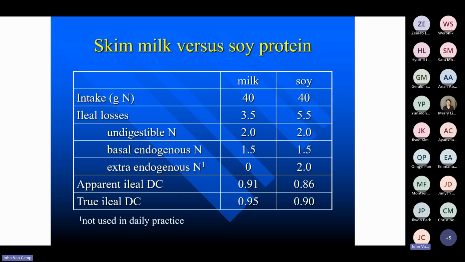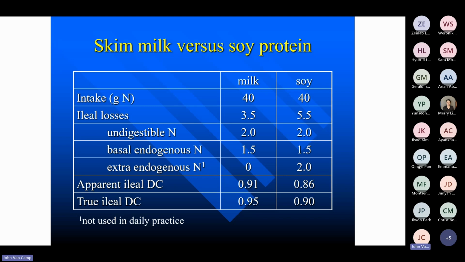So they measured all these coefficients. They do that in milk, they do that in soy, and then you can measure all these parameters and a coefficient. In this way, you could actually compare proteins just on the basis of their digestibility. In principle, if you correct all these endogenous losses, then the coefficients will come closer to each other.